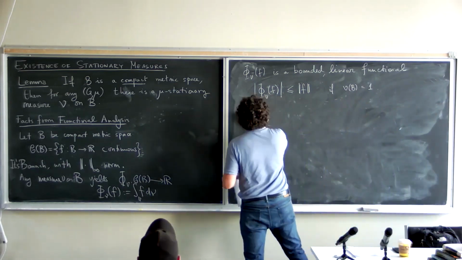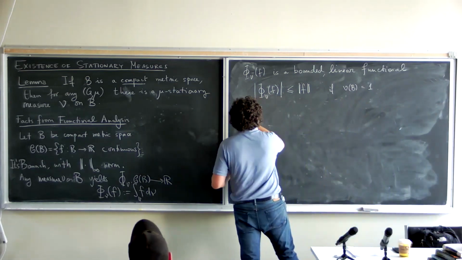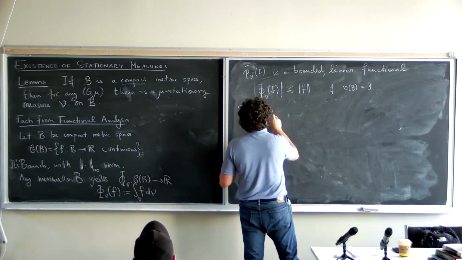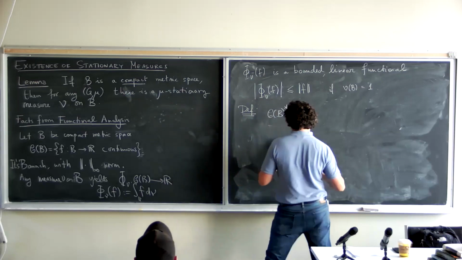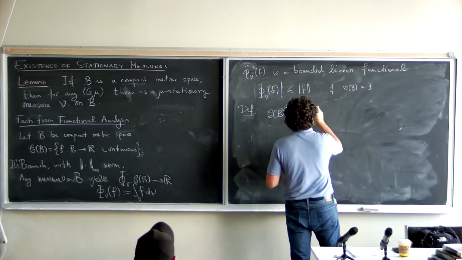And so the dual space, C(B) star, is the space of bounded linear functionals.